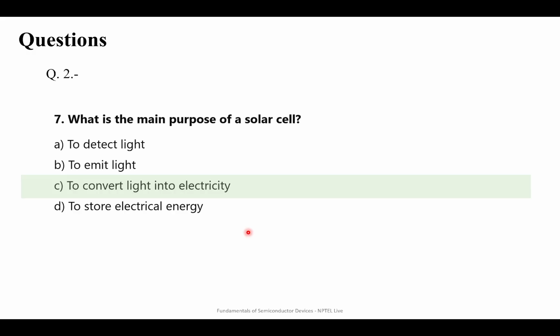So you see, a solar cell is basically opposite in functioning to an LED. In an LED, you give electricity and you obtain light. In a solar cell, you shine light and this will generate electricity. And both are formed using PN diodes.